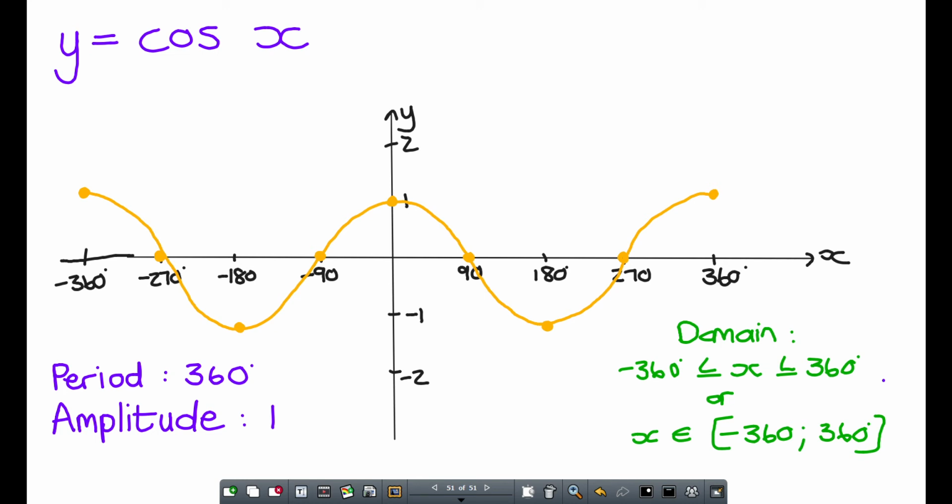Okay, what is my range? It may go from minus 1 to positive 1. Or you can say y is an element of [minus 1; 1].